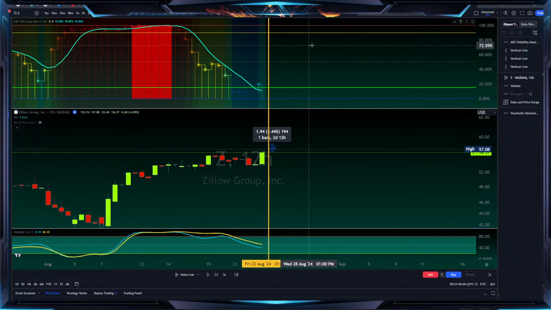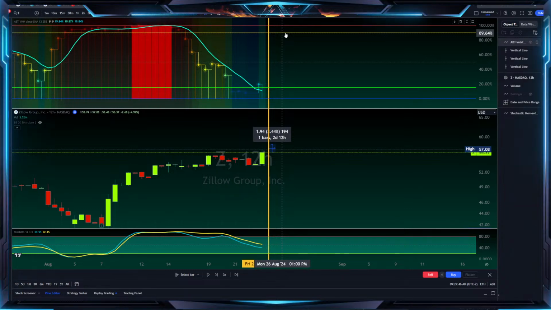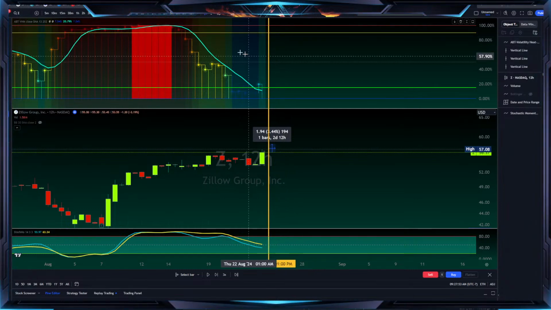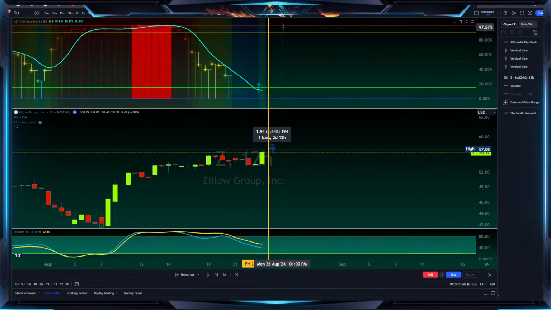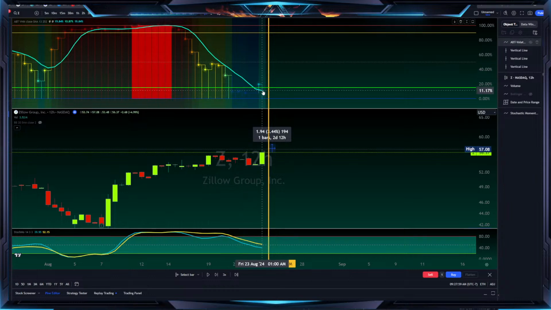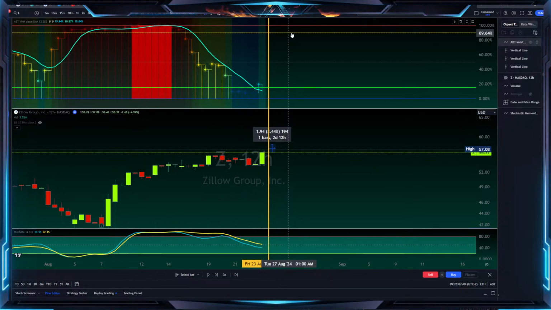Now, the criteria to end it does become a little simpler. You will have to choose where you want your criteria to finish. Would you like your criteria to finish at the volatility, meaning the histogram, touching 90% or above? Or are you going to wait until the moving average also crosses into 90% or above? That's going to be the age-old question for you. But whichever one you choose, there's no right or wrong answer here.